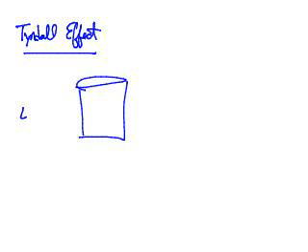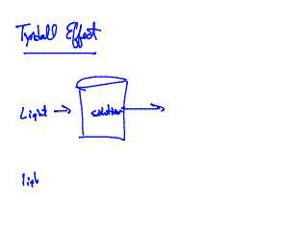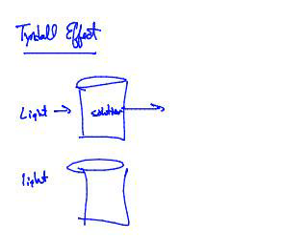If you take light and you pass it through a solution, it'll go right on through. But if you take light and you pass it through a colloid, what you're going to see is the light will be reflected as it goes through.